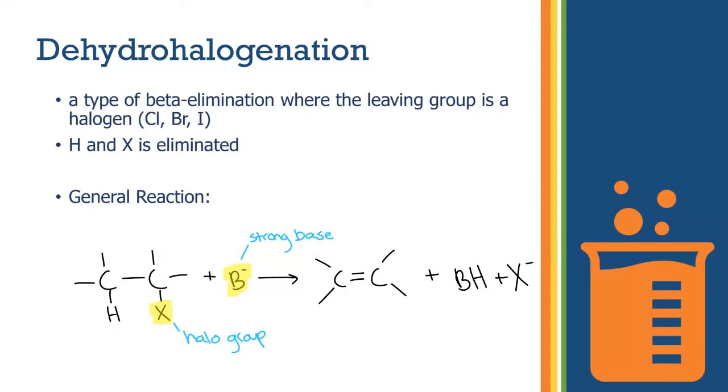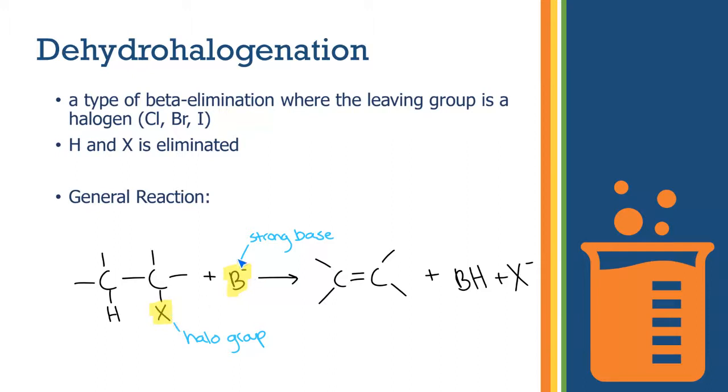So the first type of beta elimination reaction we learned about was dehydrohalogenation. That is just a beta elimination where the leaving group is a halogen, so either chlorine, bromine, or iodine. And so a hydrogen and the halogen are eliminated. In the general reaction, you have a haloalkane, so you have X, a halo group, on your alkane.